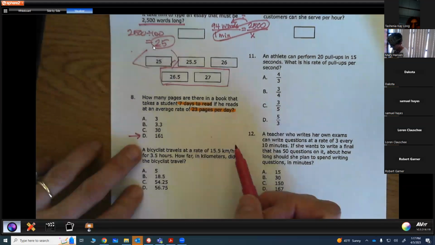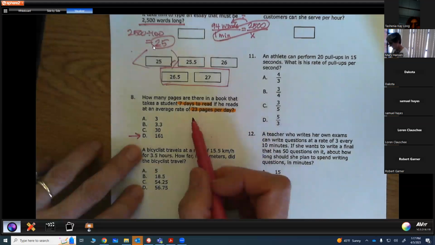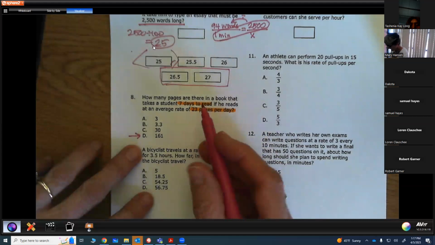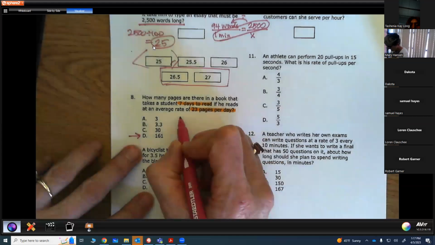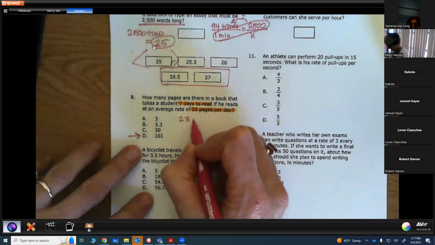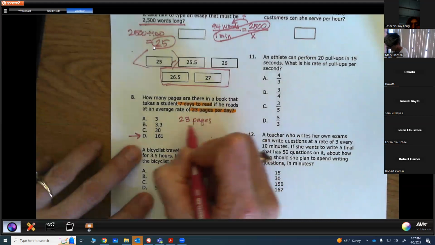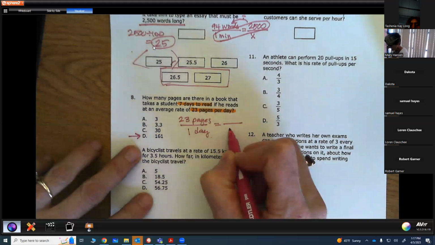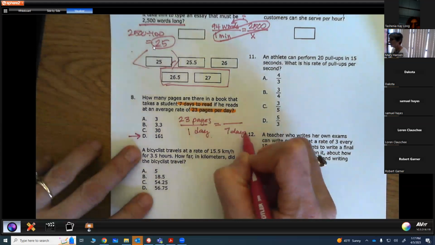My goodness. And so you multiplied 23 times 7. Yep, that would work. The other thing you could say is 23 pages per 1 day, and he's doing 7 days, and we want to know how many pages.